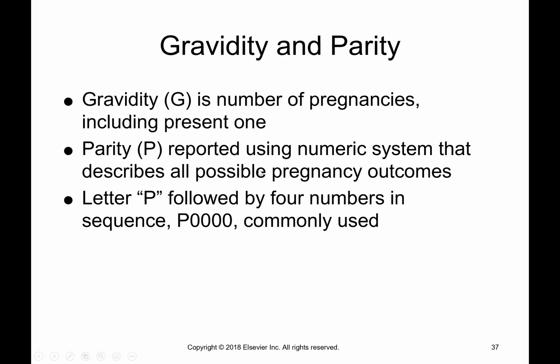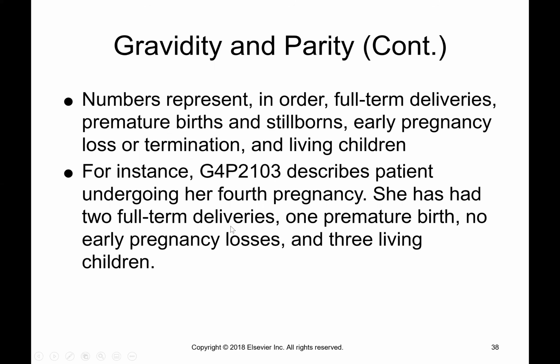Parity is reported using a numeric system that describes all possible pregnancy outcomes. So the letter P is followed by 0, 0, 0, 0. It goes in order: full-term deliveries, premature births and stillborns, early pregnancy loss or termination, and then living children. So that's how it looks.